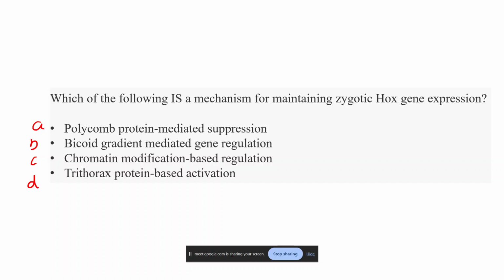Okay, let us discuss this question. Which of the following is a mechanism for maintaining zygotic Hox gene expression? First is polycomb protein mediated suppression. Is it correct? Yes, it is correct.